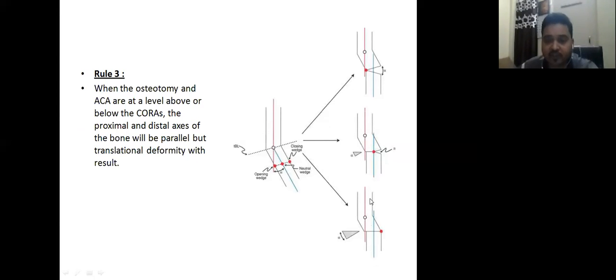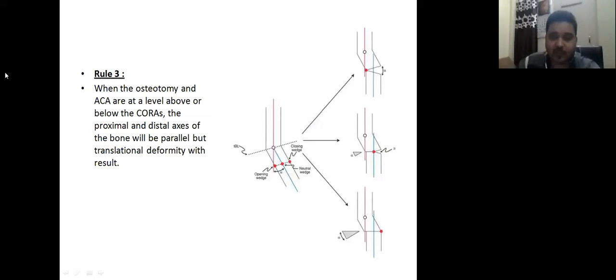After full correction, we will get a straight bone, but there will be some translation. The proximal and distal fragments would be parallel to each other. They will not be perfectly aligned, but they will be parallel, with slight translation.